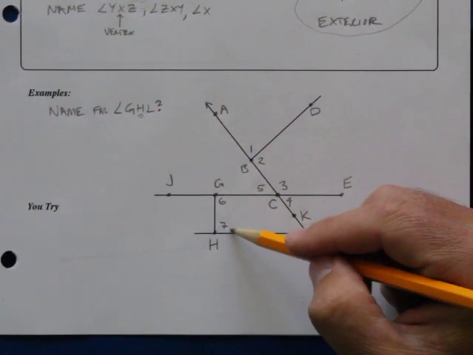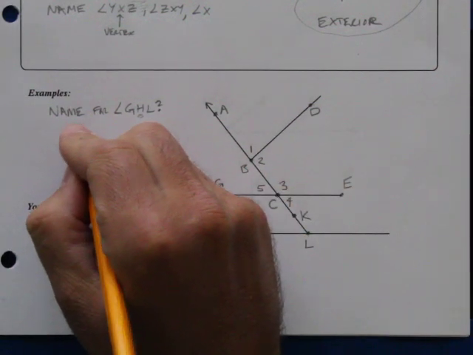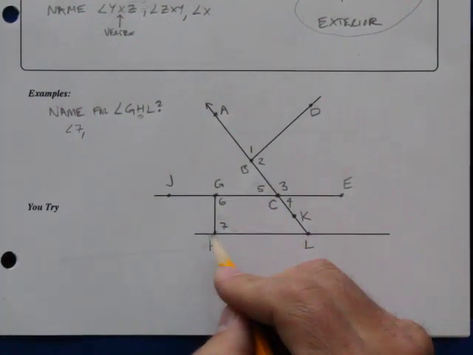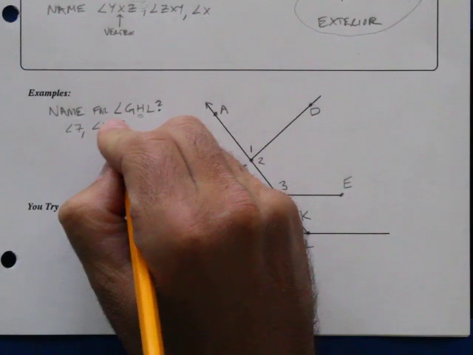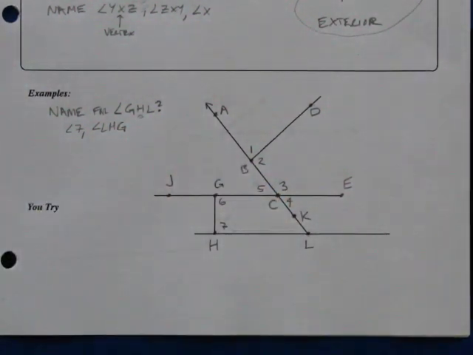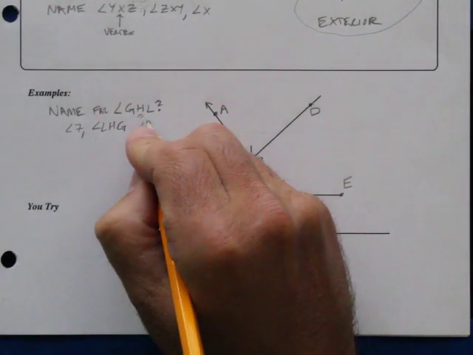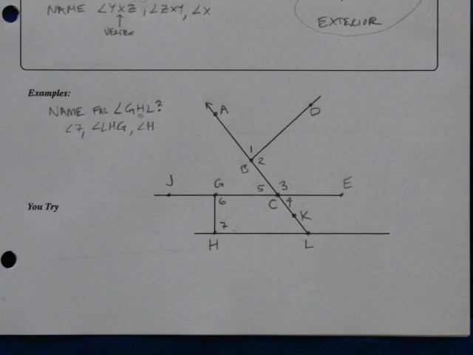So I'm talking about this angle right here. We can call this angle 7. We could also call this LHG, angle LHG. Another thing we could call this is angle H.